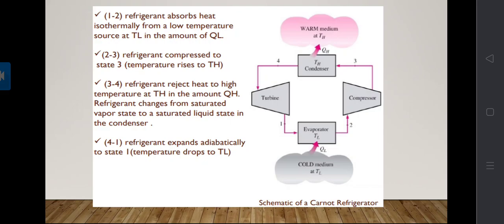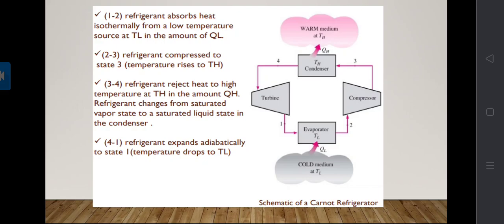Here we can see that in 1 to 2 the refrigerant absorbs heat isothermally from the low temperature source at TL in the amount of QL, that is the amount of heat absorbed at TL, the cold medium.